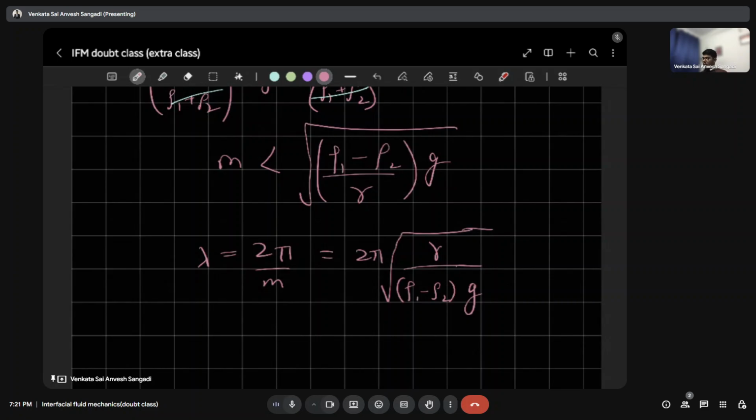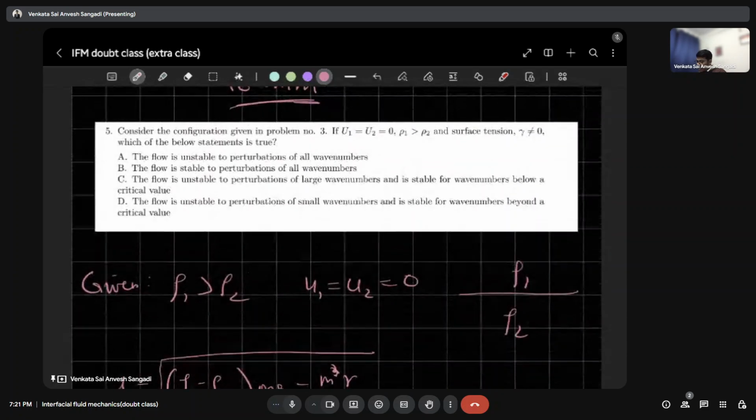So the correct option is that the flow is unstable to perturbation of all small wavelength and is stable for wave numbers beyond a critical value.